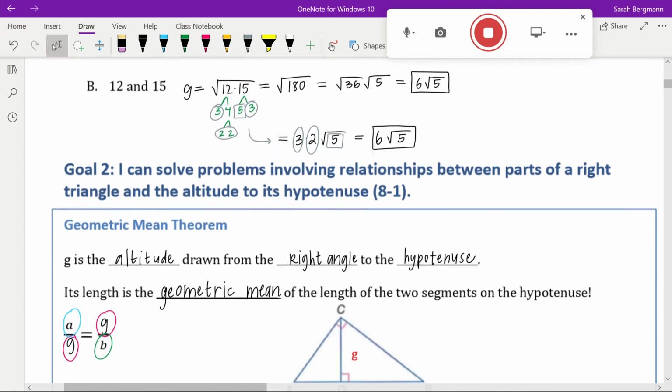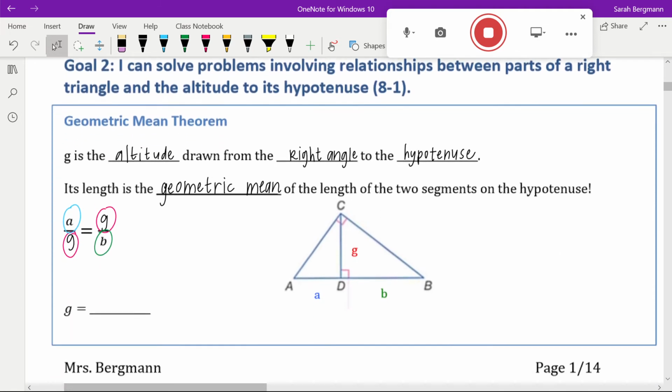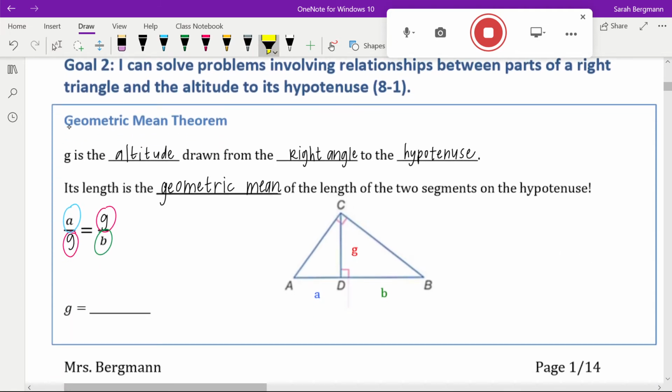Now let's see how this has to do with a right triangle. So geometric mean theorem tells us that G is the altitude, which we learned about in the last chapter. Remember, it's the height of the triangle. But there's 3 different altitudes in the triangle. We are looking specifically at the altitude that's drawn from the right angle to the hypotenuse.